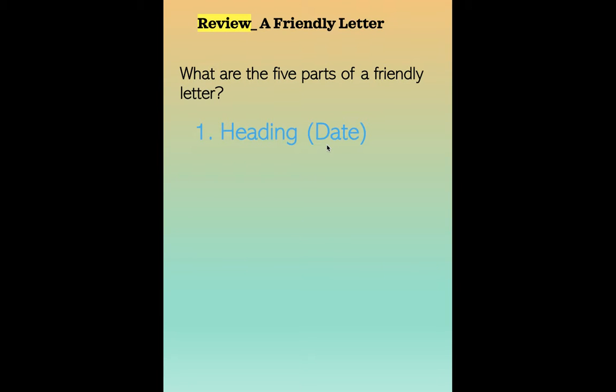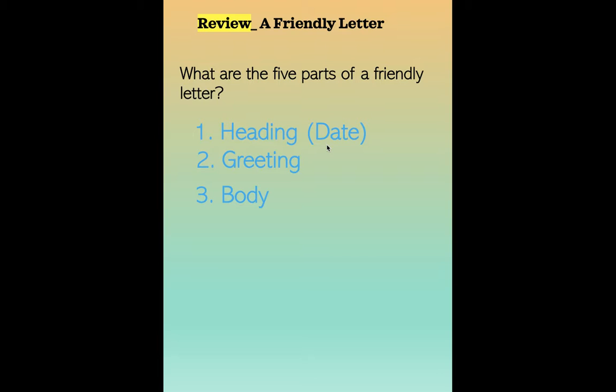Well, we start with the heading, which is the date. Then we have our greeting, which is usually to whom it may concern, or, dear so-and-so, right? So if I was writing a letter to you, I might say, dear Sarah, or if you were writing a letter to me, you would say, dear Mrs. DiMiola.